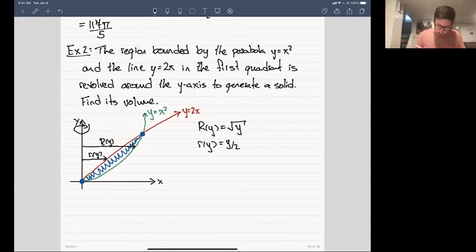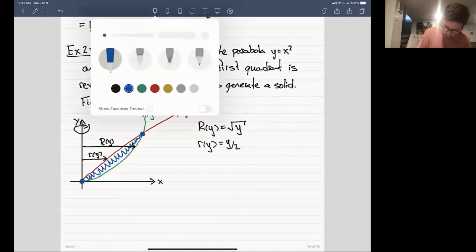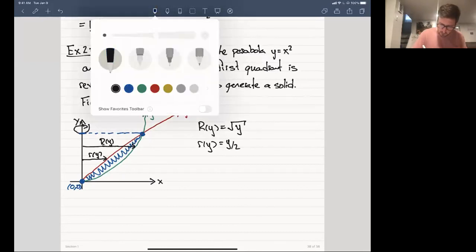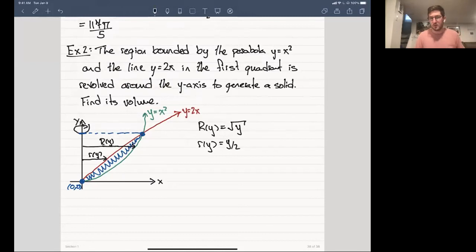And so now the question is, what are the bounds on integration? So if we switch over here, we can see that we are clearly going from the origin, y equal to 0, up to some mystery point, which is given by the intersection of these two functions. So the question is, where do these two functions overlap?